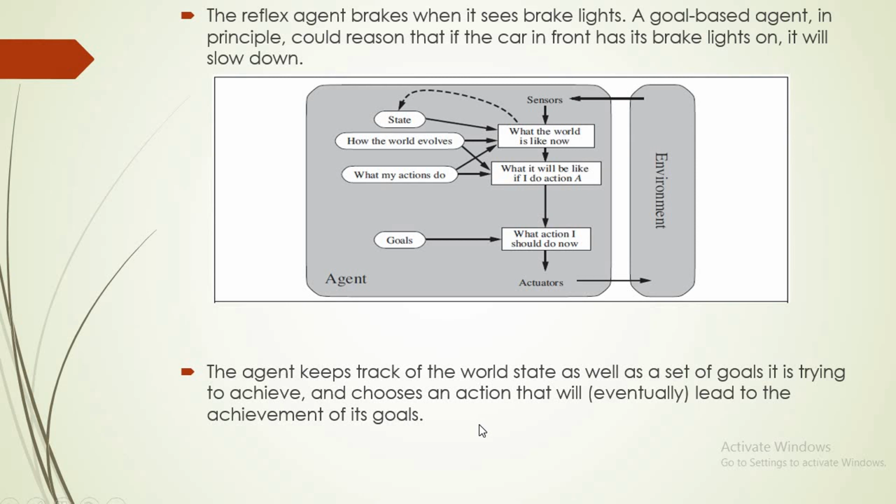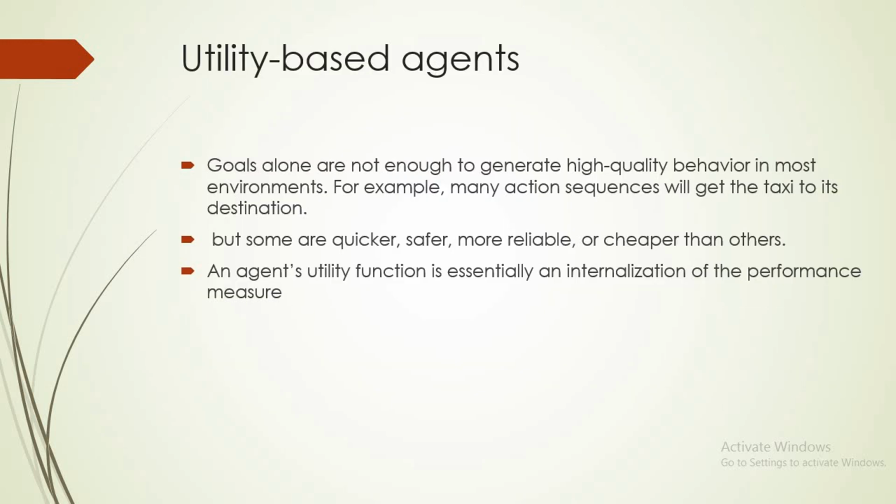So we can have such an agent improving more and trying to achieve its goal. But again, it's not sufficient just working with a goal in mind. The goal alone might not be enough to generate high quality behavior in most environments. For example, many action sequences will get the taxi to its destination, but some are quicker, safer, more reliable, or cheaper than others.